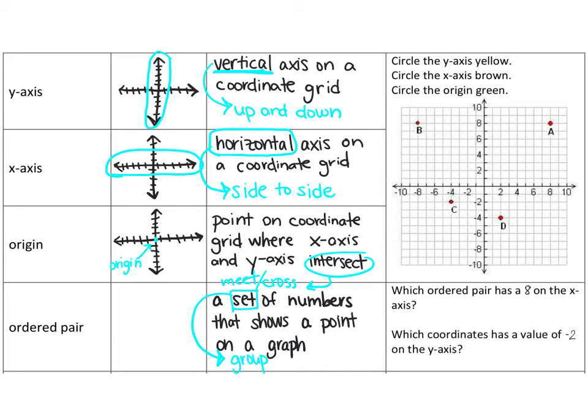And we always write them the x-axis first, then the y-axis with parentheses around it. So over here, if we choose point D, it would be 2 on the x-axis, and then on the y-axis, -4. There's an ordered pair.